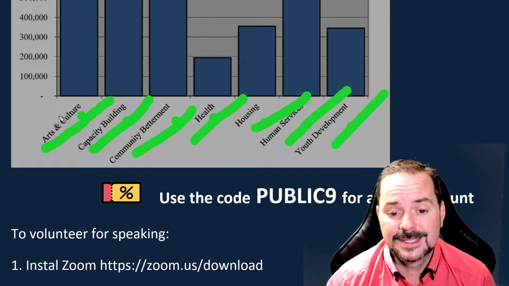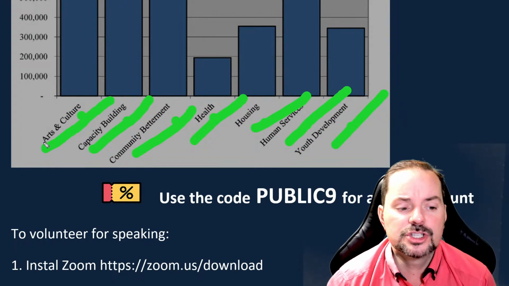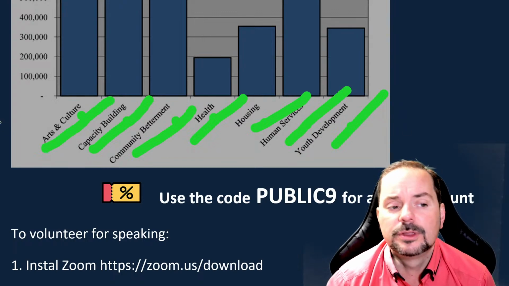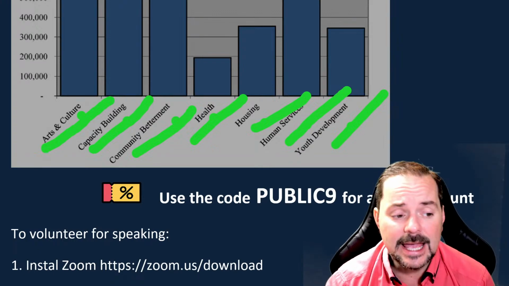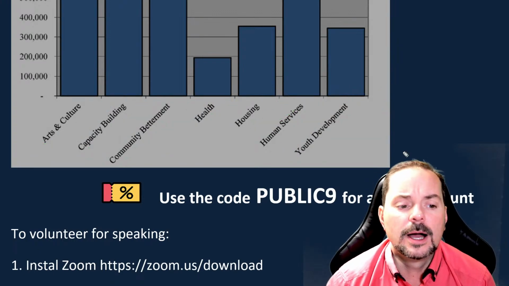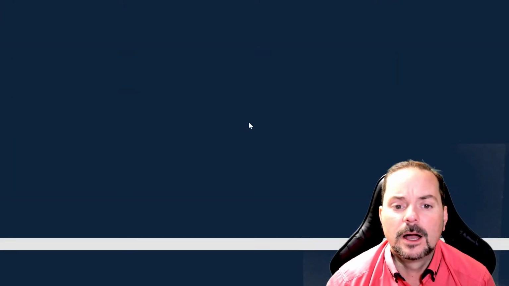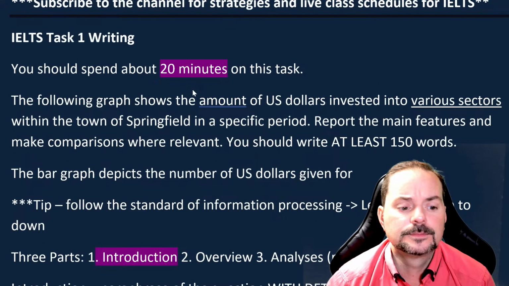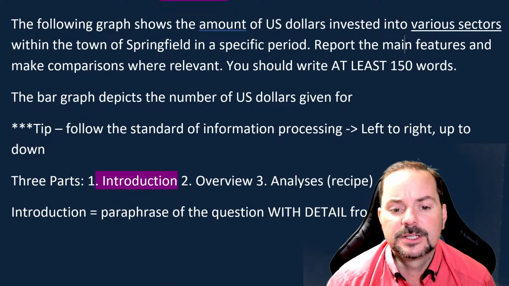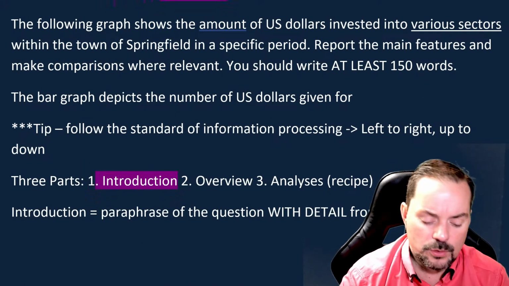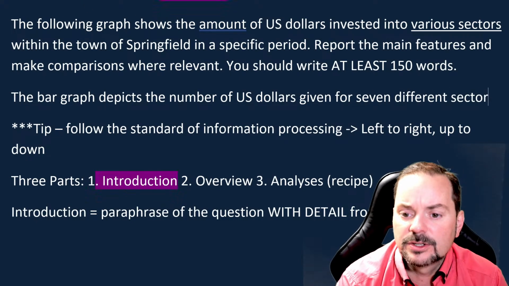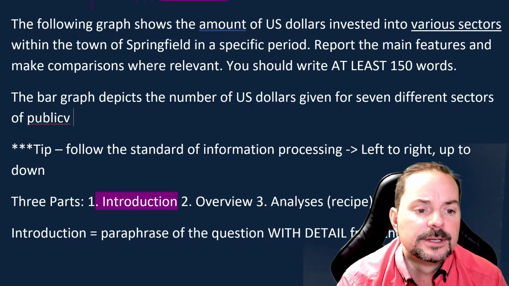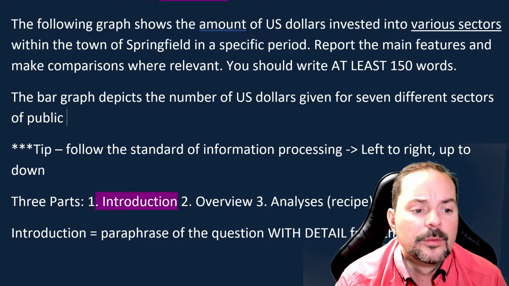So there's 7 of them, and they range from arts and culture to youth development. We will discuss them in more detail in the analysis anyway. So I'm just going to say the bar graph depicts the number of US dollars given for 7 different sectors of public, ranging from arts and culture.